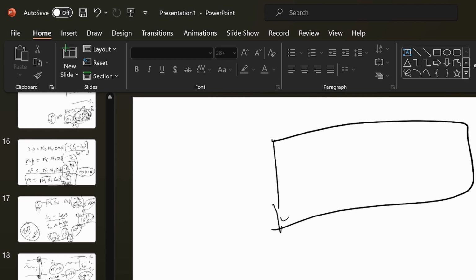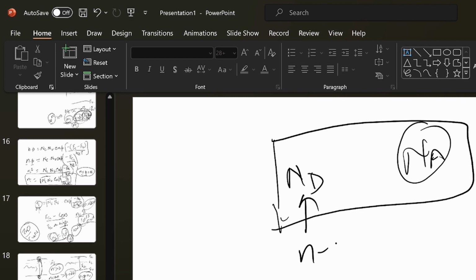So if we are doped with Nd, the donor atoms such as phosphorus, and also with Na, the acceptor, this is the n type doping, and this is for the p doping. Na is the acceptor and Nd is the donor.